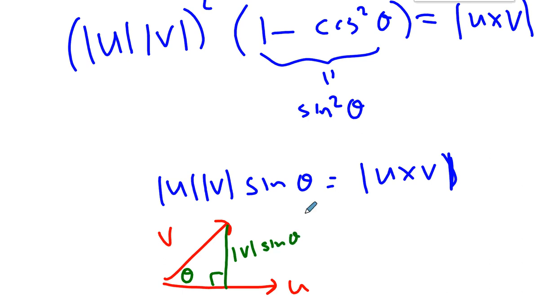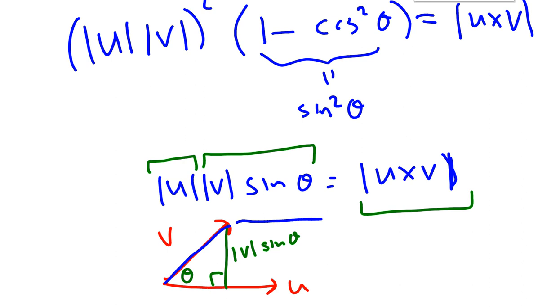Well, if you think about this length of our cross product, then we really have the length of a vector u times this expression, which can simply be thought of as the height of the parallelogram that's spanned by the two vectors. So that's the geometric interpretation of the length of the cross product.